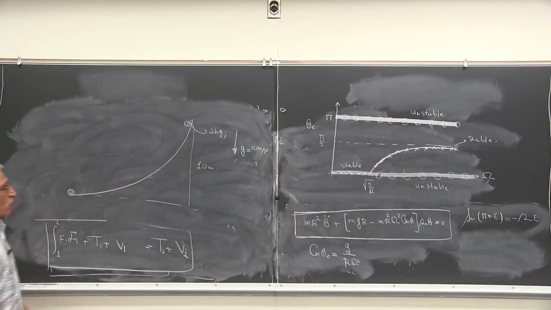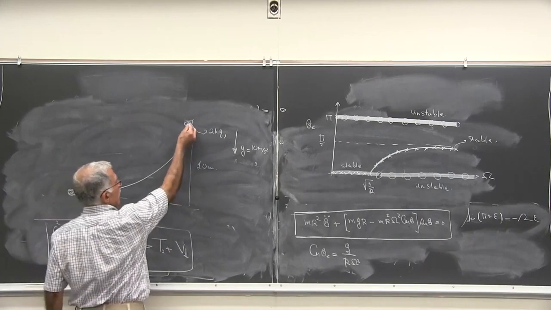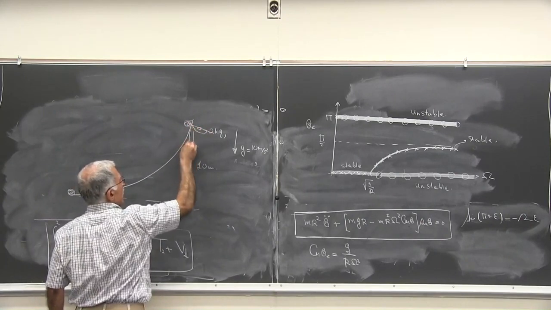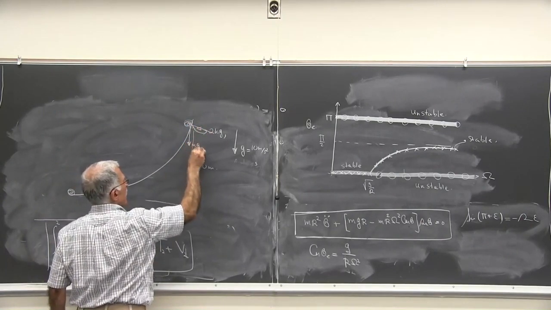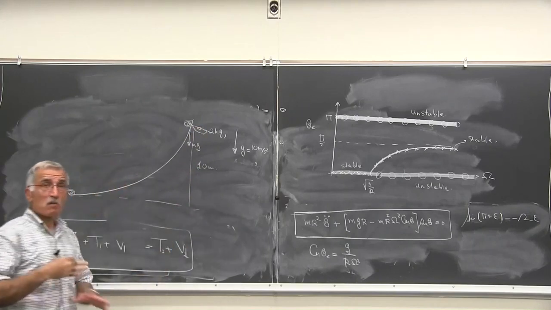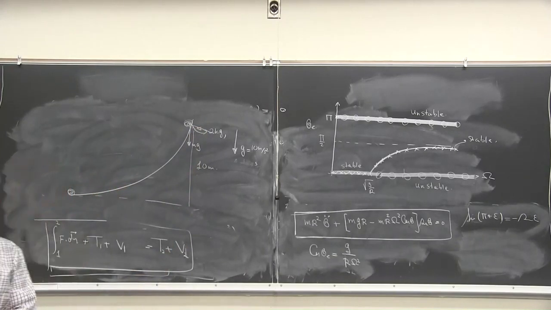And there are forces applied here. This force N is normal to the path, and mg is applied here. You do have mg, but this N is normal to the path, and is normal to dr, and therefore it doesn't do any work. The only one that does work is mg, and mg doesn't depend on the path of the motion. It just depends on how far it went down.